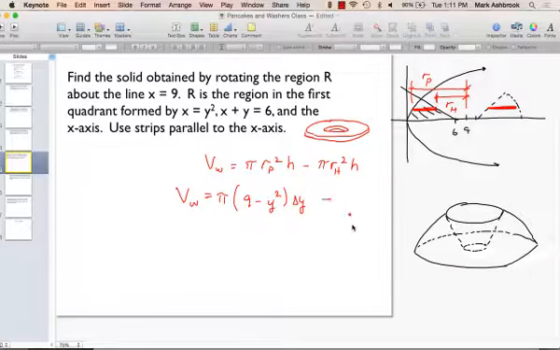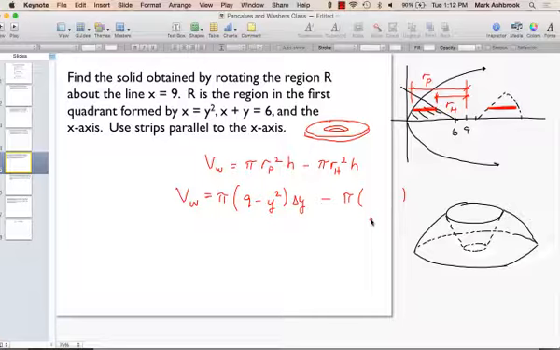Minus the hole. So the hole has a radius of what? Again, a change in x: 9 minus the x coordinate on the line.